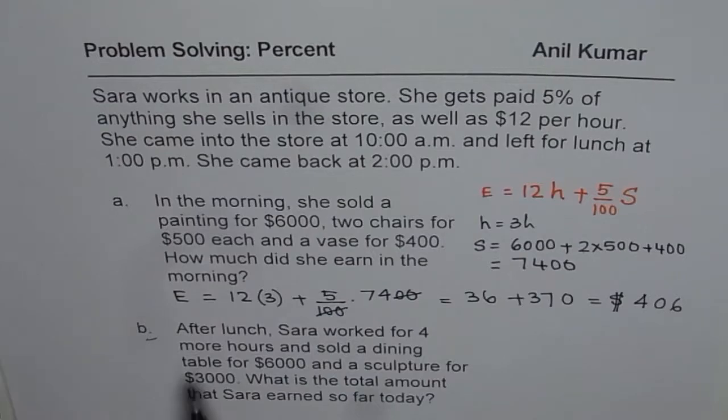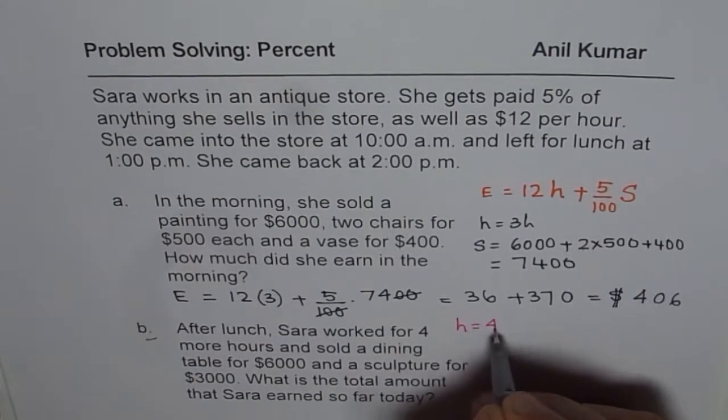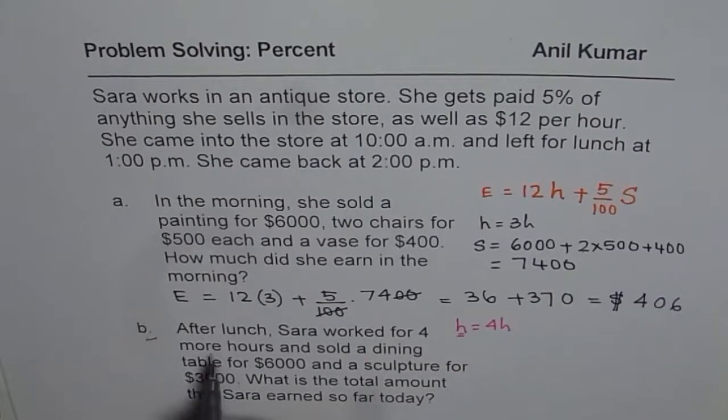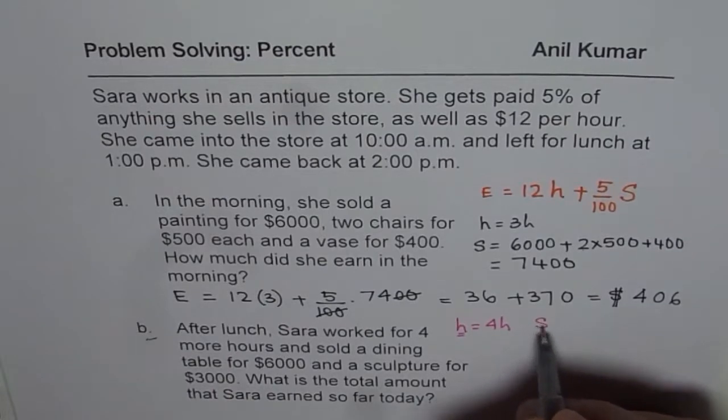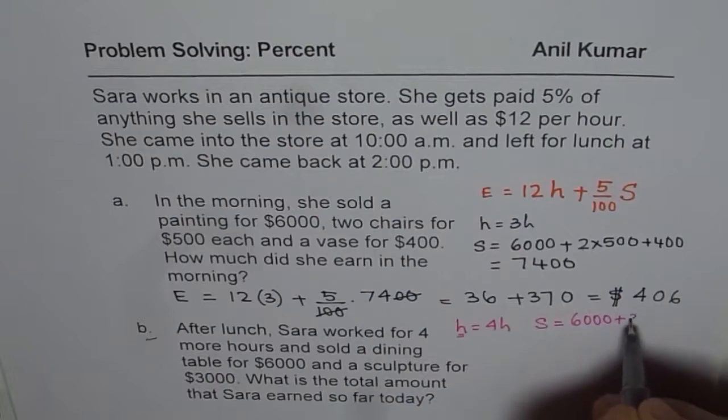Now the second part is, after lunch Sarah worked for 4 hours. That means after lunch it is 4 hours time, and she sold a table for 6,000 and a sculpture for 3,000. So sales is 6,000 plus 3,000.